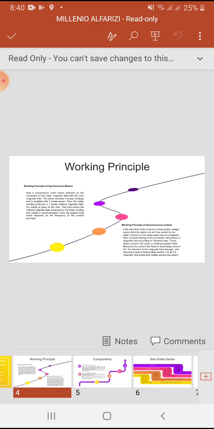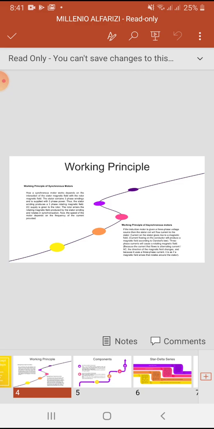Thus, the stator winding produces a three-phase rotating magnetic field. DC supply is given to the rotor. The rotor enters the rotating magnetic field produced by the stator winding and rotates in synchronization. Now, the speed of the motor depends on the frequency of the current provided.